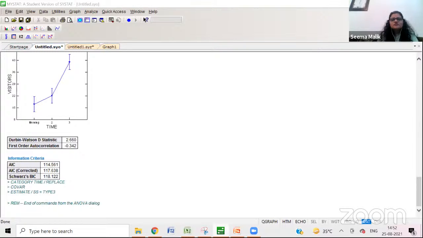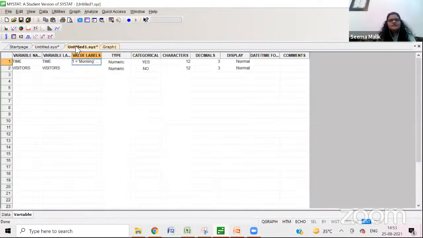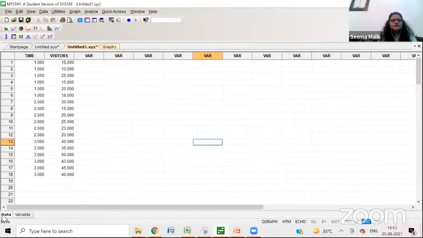Actually, this is the example. If I take this example only, we are having a data set. We are having this data, okay? Time is categorical and the visitors are there.